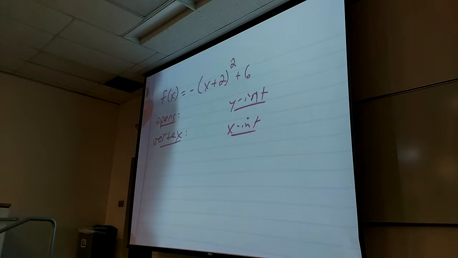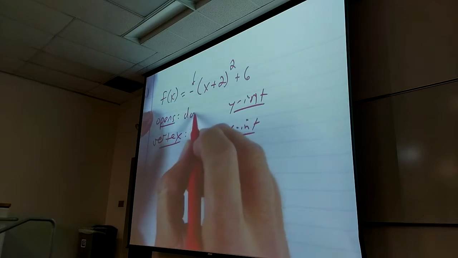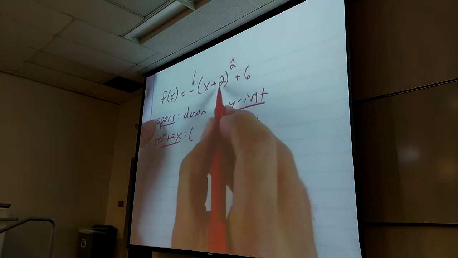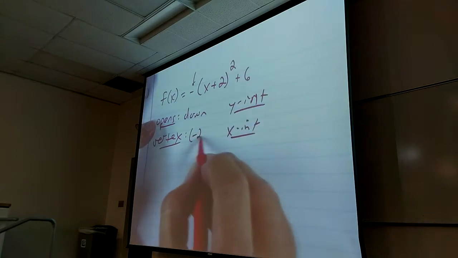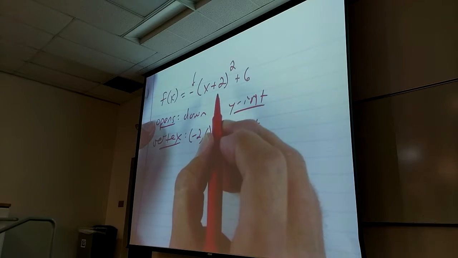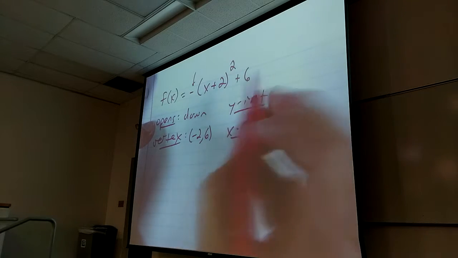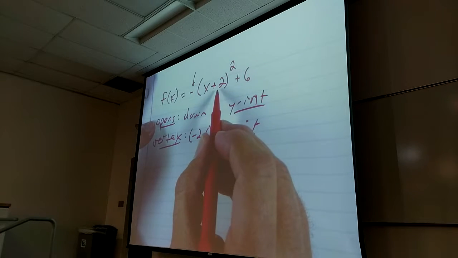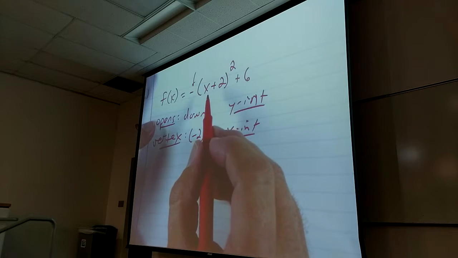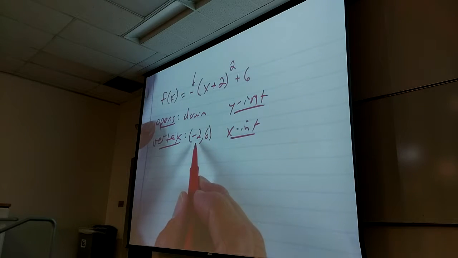Does it open up or down? Down. Good. That's negative. It opens down. Where's the vertex? Negative 2, 6. Again, this is a remarkably simple idea, but it's mixed up in a lot of other stuff. If I'm adding 2 to my inputs, all my inputs can be 2 smaller than they used to be. Therefore, everything moves back 2.